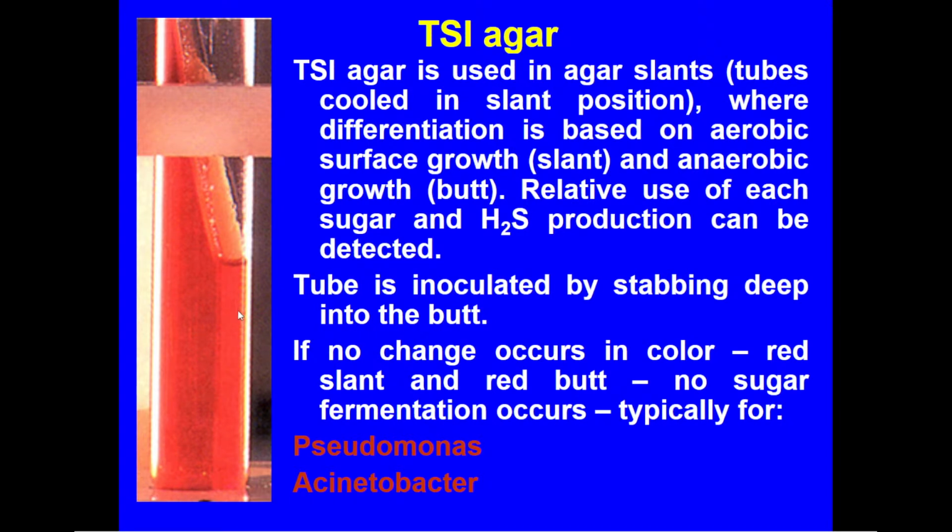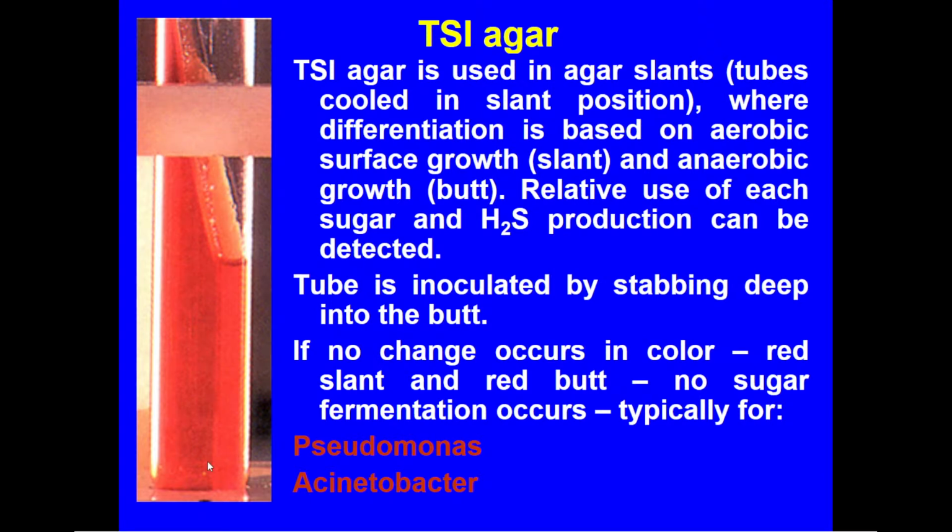Then how do we perform inoculation? We perform stabbing inoculation into the butt. This portion of the column is called butt, and this portion is called slant. So first we take a loopful of bacteria and perform stabbing inoculation into the butt, and then we inoculate the rest that we've got on the loopful on this slant.